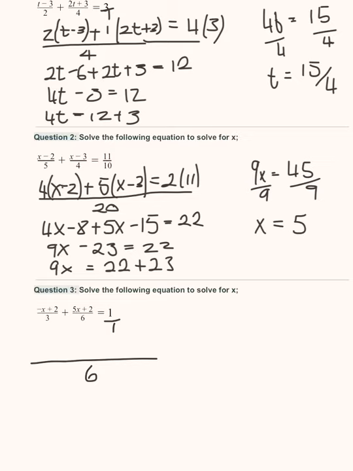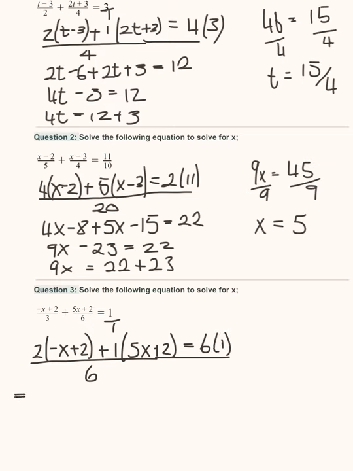So doing that now, we're going to divide in each denominator to our lowest common denominator and multiply by the top of the fraction. So 3 divides in 6 twice, multiply by the numerator. 6 divides in 6 once, multiply by the numerator. And 1 divides in 6 times, multiply by the numerator.